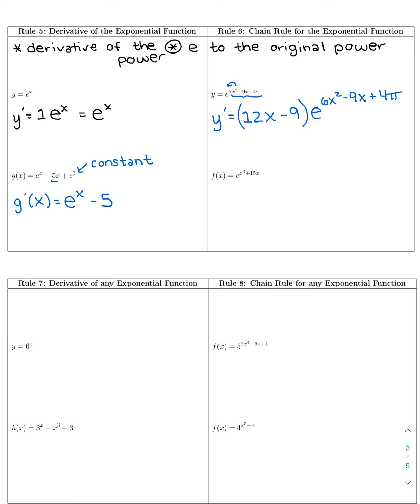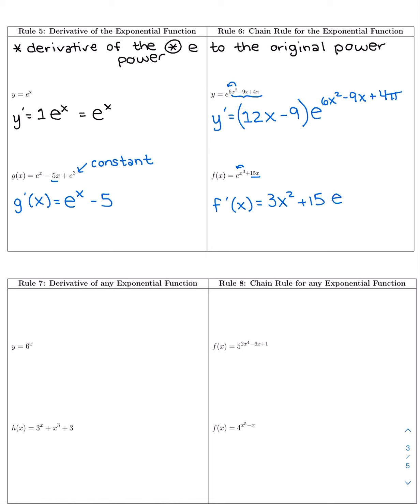We can use that same exact rule below. We have e to the x cubed plus 15x. It doesn't matter what the power is. Your derivative f prime of x is going to be found by taking the derivative of the power first. Derivative of x cubed is 3x squared. Derivative of 15x is 15. There's the derivative of the power.